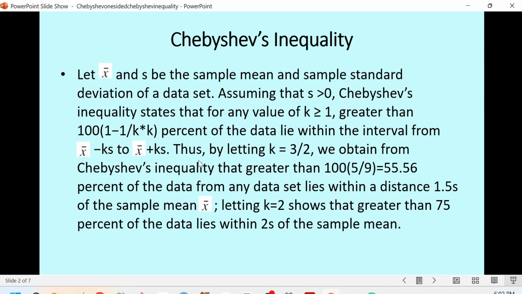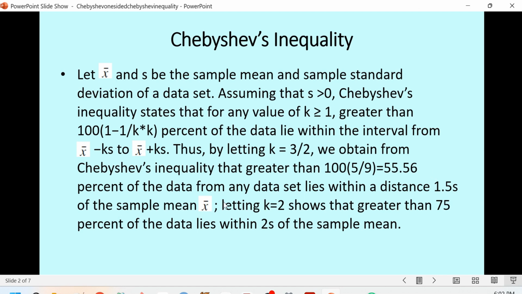So what does this mean? For example, if we know k is 1.5, then we can say at least about 55.6% of the data lies within 1.5 times the standard deviation around the sample mean.